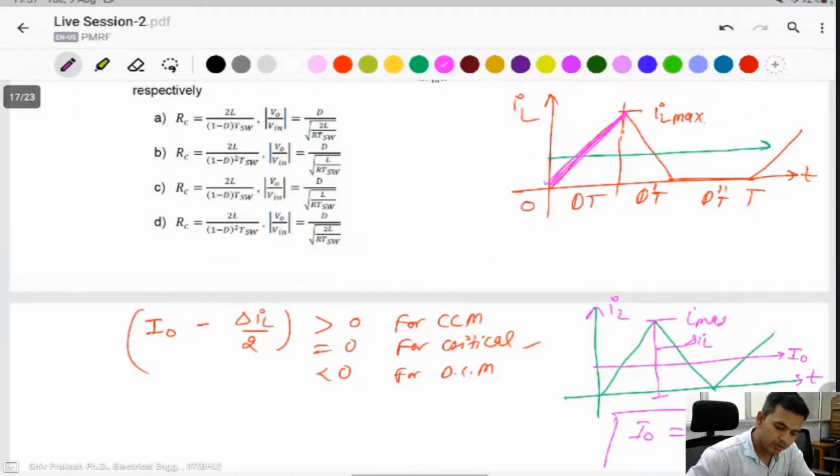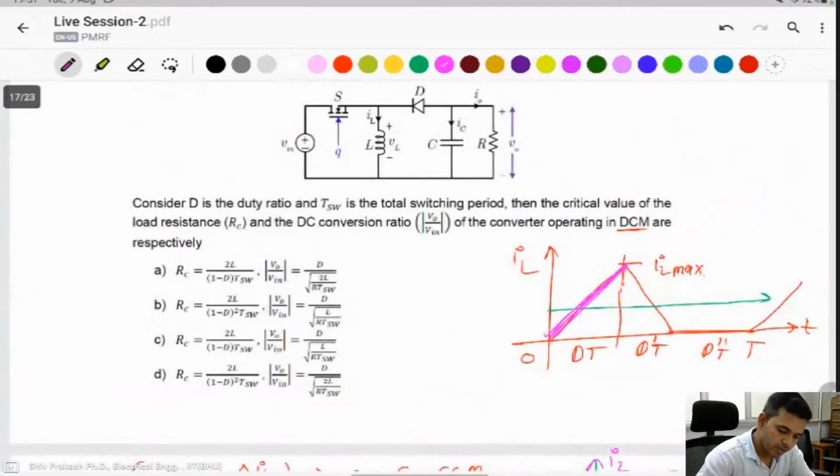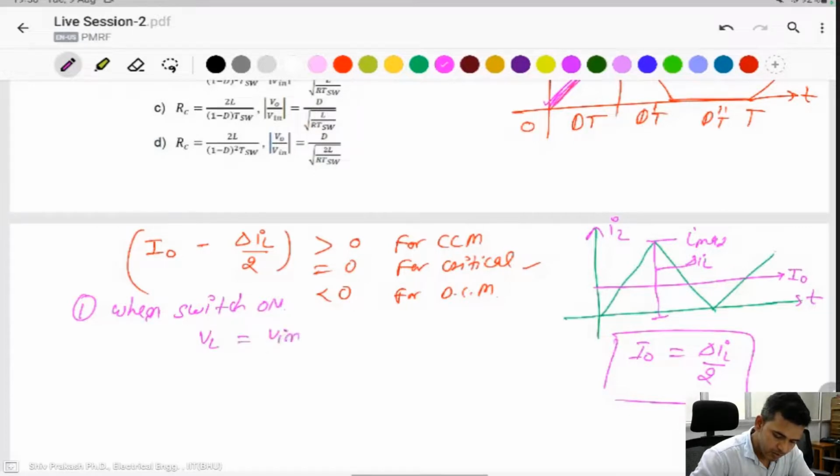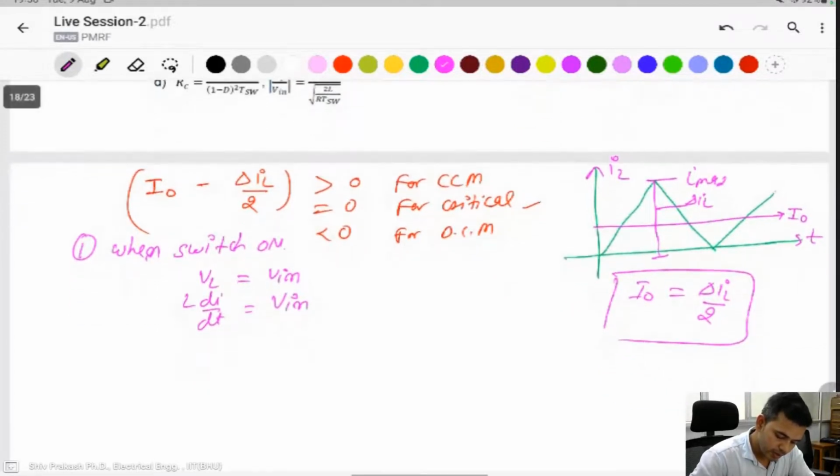When the switch is on, then VL is equal to V in, first condition. L di by dt is V in, we find the delta IL here. For the same we apply the integration, V in divided by L into dt.